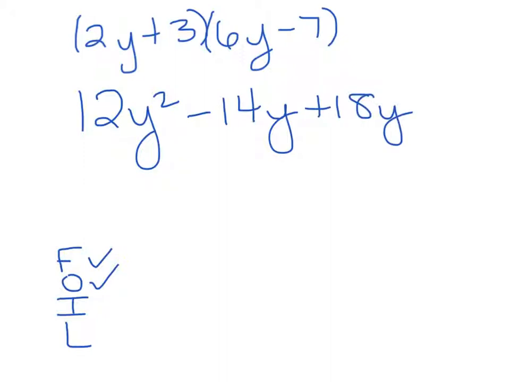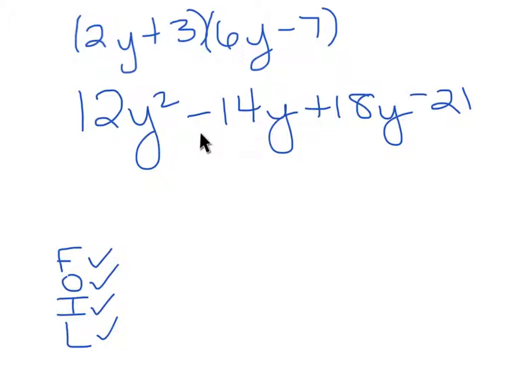And finally, we need the lasts. This is the last term in this binomial. This is the last term in this binomial. So positive 3 and negative 7 make negative 21 when they are multiplied. Okay, now that we're done with all our multiplication, we can combine like terms. And when we do that, we're actually going back to adding or subtracting depending on what your signs tell you.